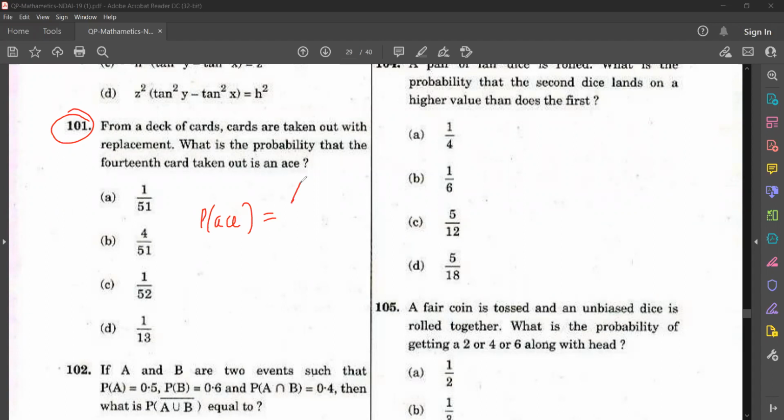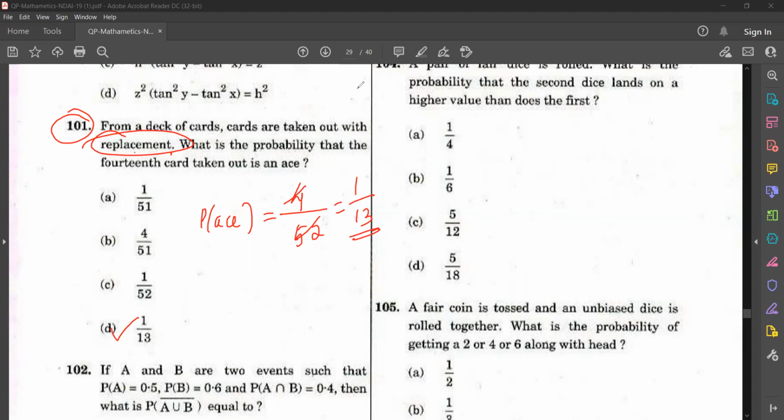There are 4 aces, and how many cards are there in total? Totally 52 cards. So 1 by 13. Option B, 1 by 13. Understood? How many times I am taking doesn't matter because replacement is happening. We just take the number of aces divided by the total number of cards.